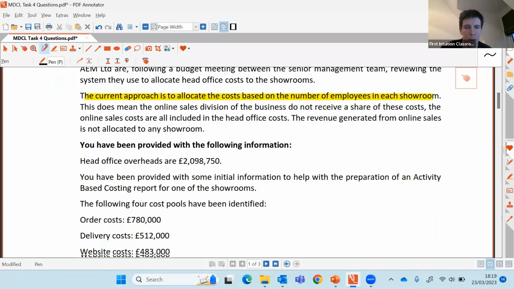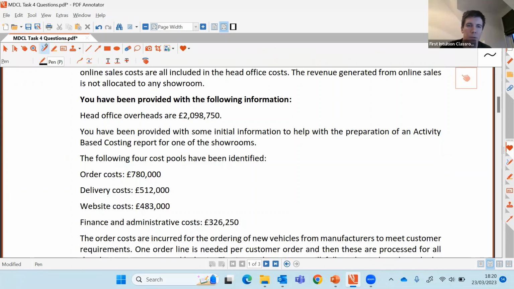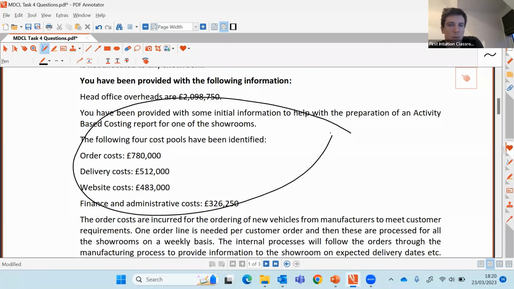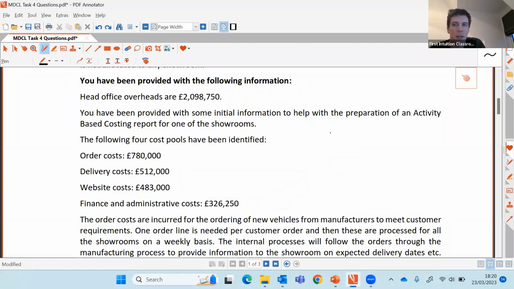And so what then happens is you're told the following. You're given head office overheads in total of £2,098,750. And then you've further got some information here for one of the showrooms.